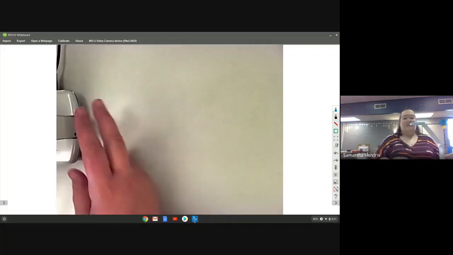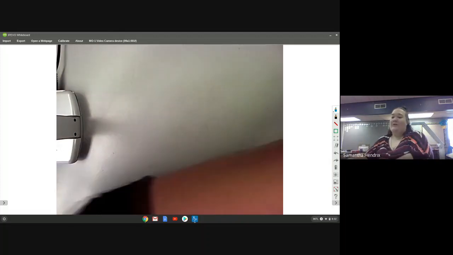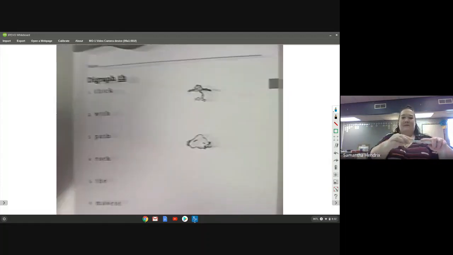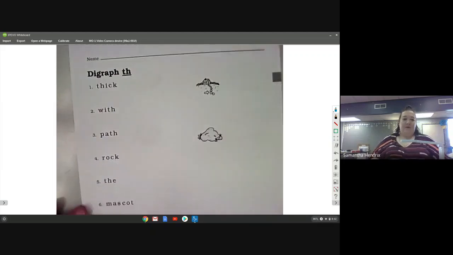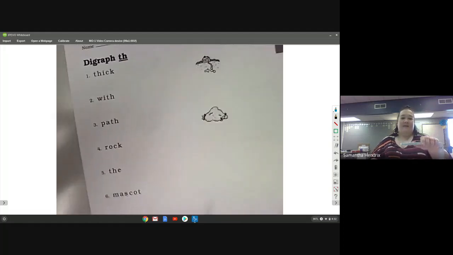Oh my goodness, I'm sorry. Turn to worksheet 12 on the front. We do not code our blends, but we have blends on this page.